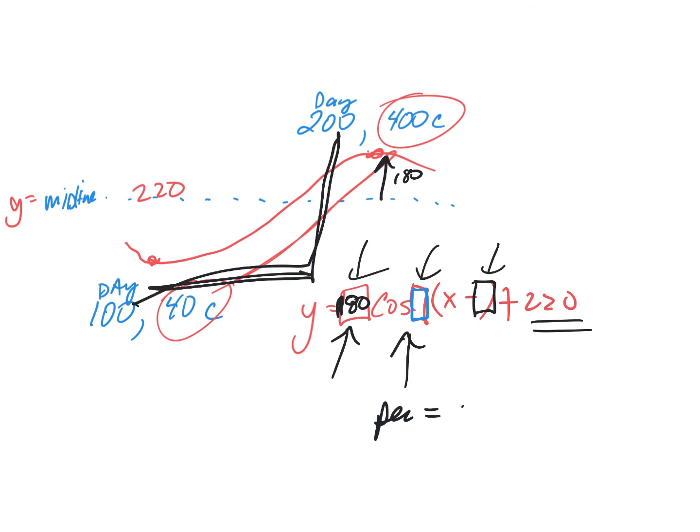I'm repeating because the kids at home can't hear you. So it's 100 to get there, but why did you double it? Because we only have half of the cosine graph. Yeah, we only have half the graph. It's only gone up, and it has to come all the way back down to complete a period or a cycle. All right, so it's 100 to get from day 100 to 200. It's 100 right here, but then we have to double it, so 200 is our period.